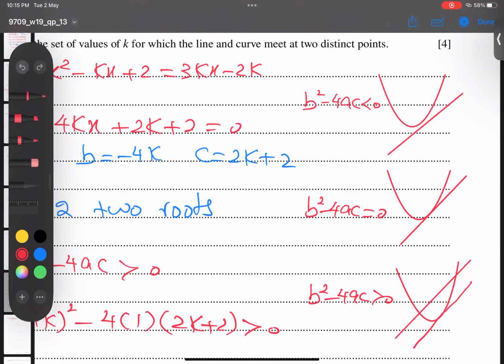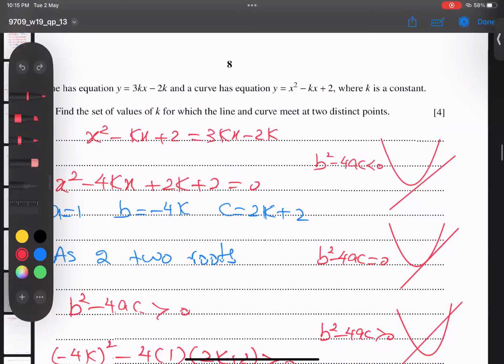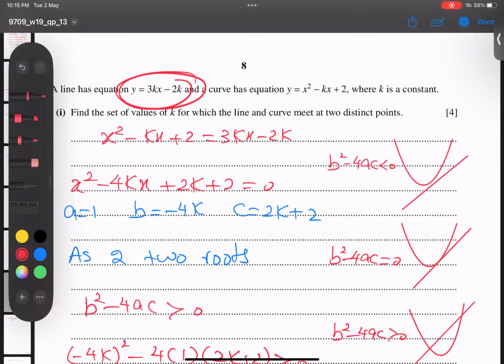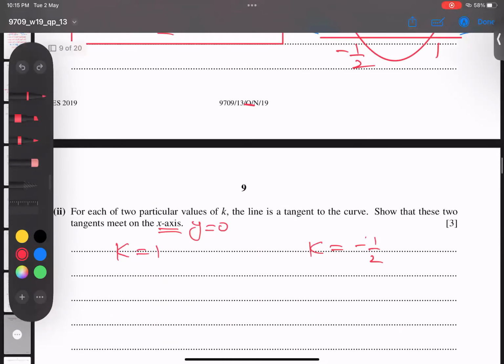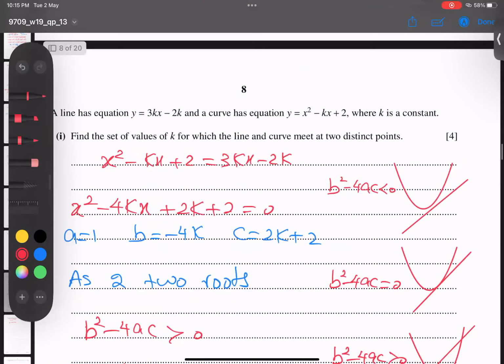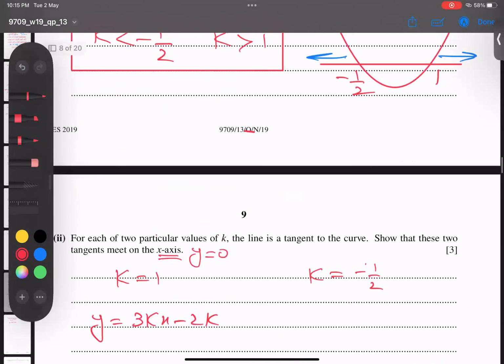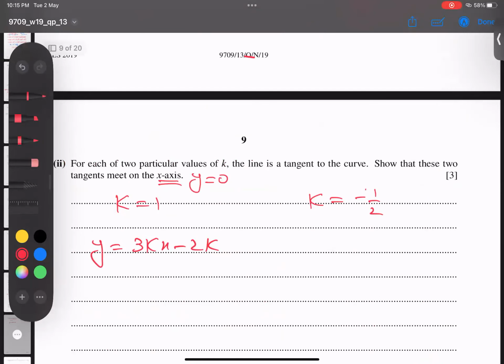So he's saying that, okay, I will use this equation of line: 3kx minus 2k. Let me check again, 3kx minus 2k. I will place 1 in both these values.